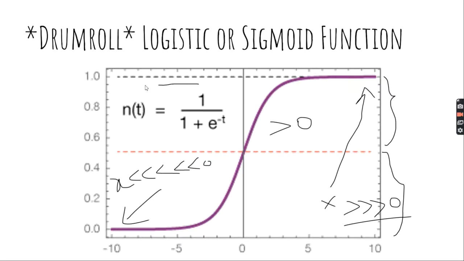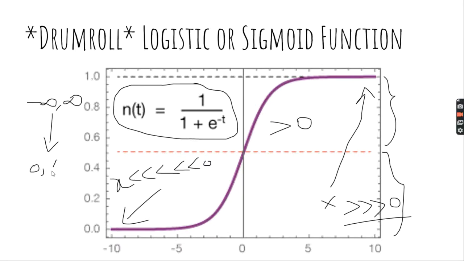So we can probably use this in our case, because regardless of the input, the domain of our inputs is minus infinity to plus infinity, and yet the outputs will always be somewhere between 0 and 1. I'm not including 0 and 1 because they never actually reach 0 or 1, and you can see why.